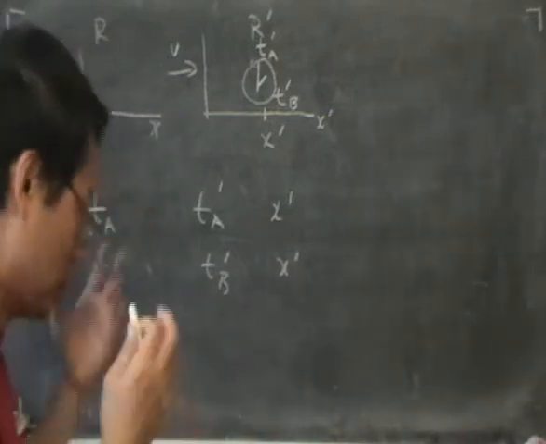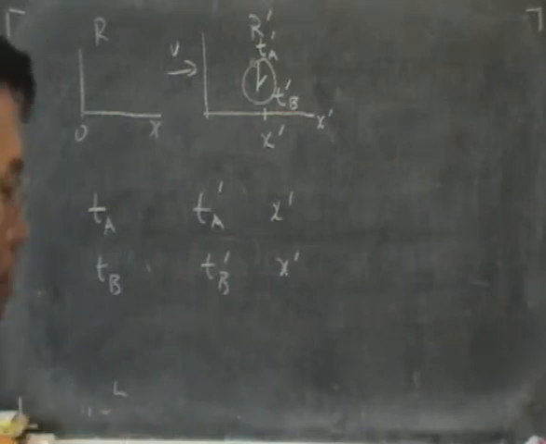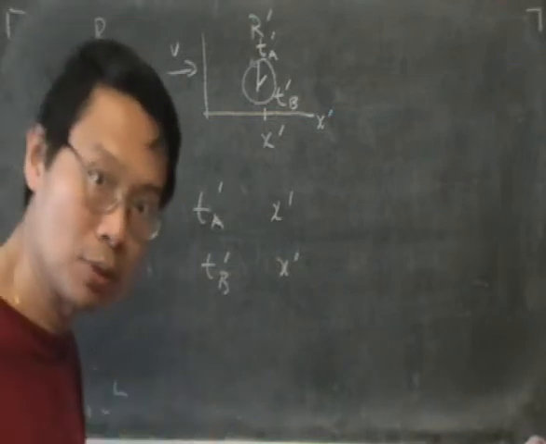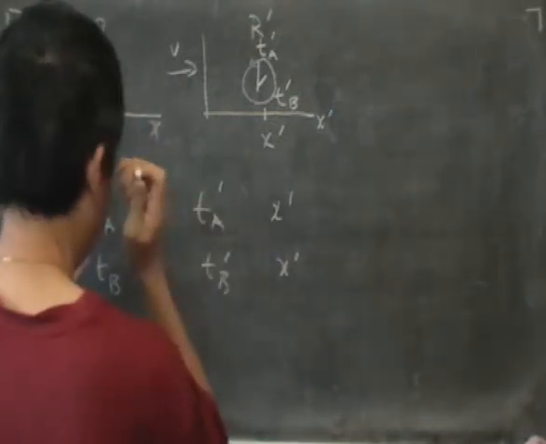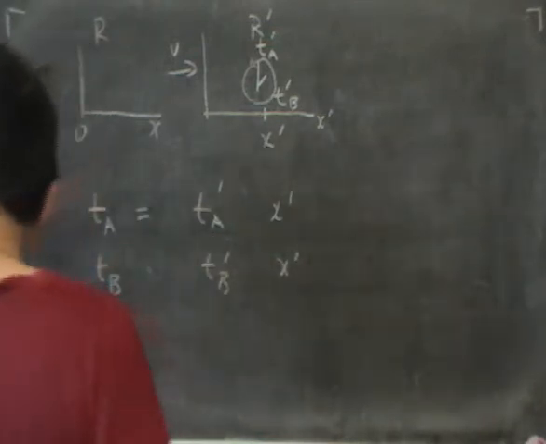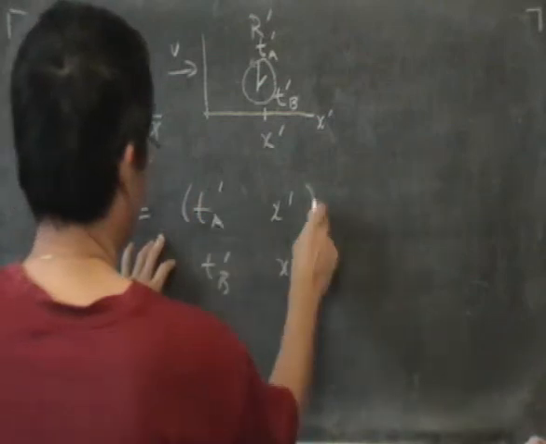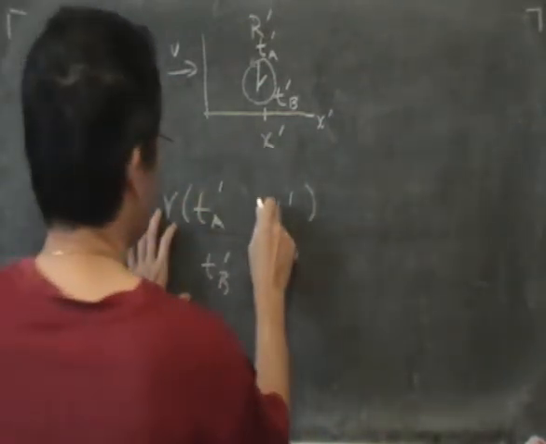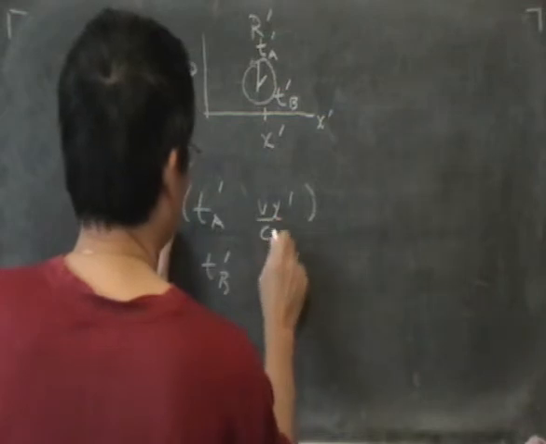Alright? Think about this experiment. And we know how these coordinates are related. They are related by the Lorentz transformation. Let's write down that relation. The bracket there, a gamma outside, with a v over c squared for this.